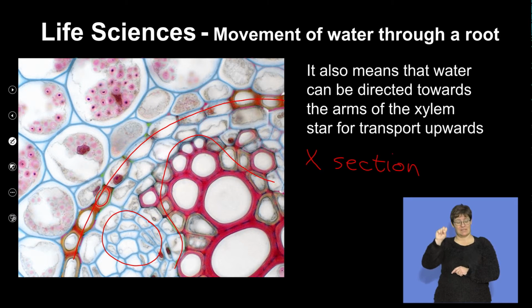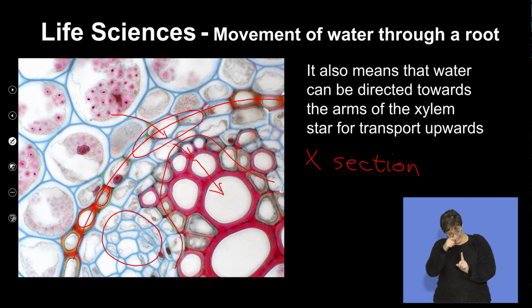That is the thickened wall of the Casparian strip. But you'll notice there's no thickened wall here. So what it does is it's easier for the water to move through this part of the endodermis, and it's actually channeling the water into the xylem vessels because that's where they're actually being transported upwards.